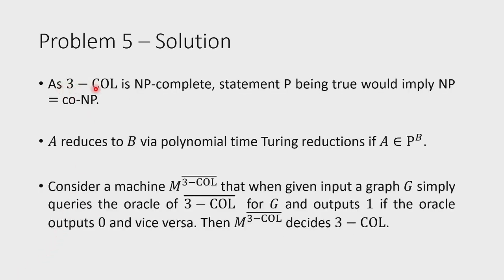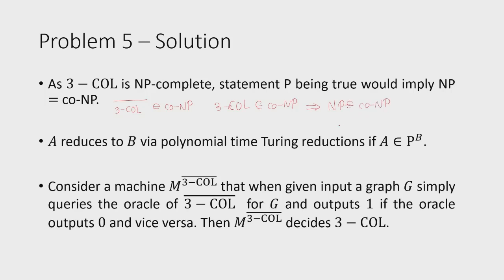As 3-colorability is NP-complete, statement P being true would imply NP is equal to co-NP. Why? Because 3-colorability is in NP, so the complement of 3-colorability is in co-NP. So if 3-colorability reduces to its complement in polynomial time, you would have that an NP-complete problem is in co-NP, and this would imply that NP is contained in co-NP.